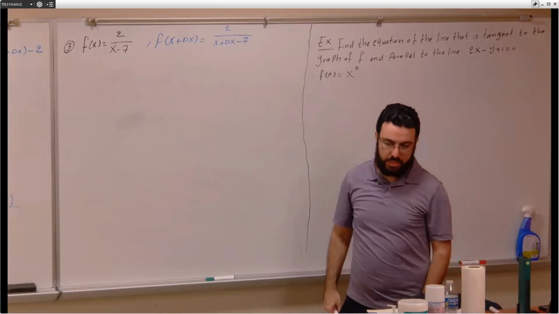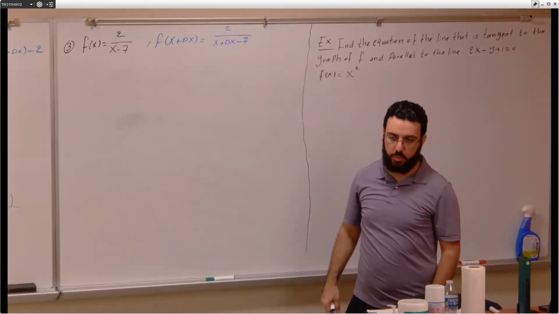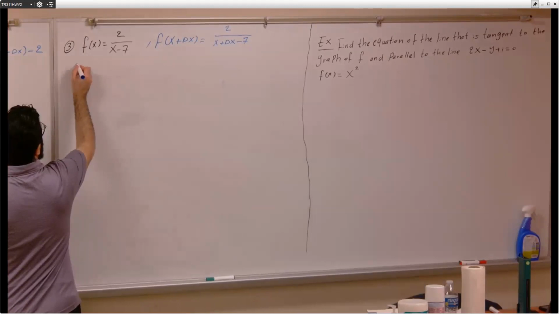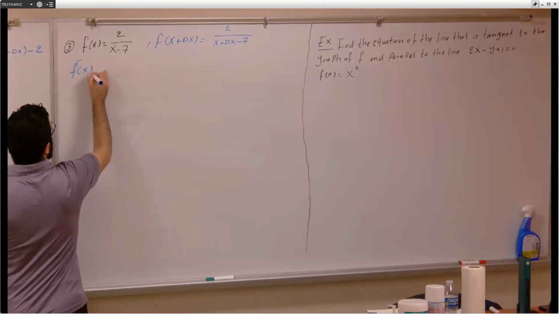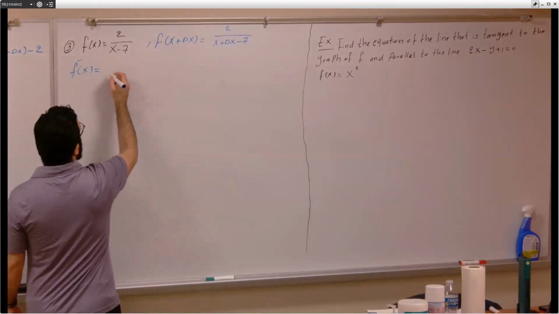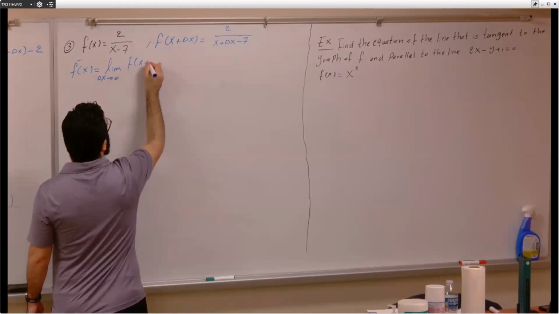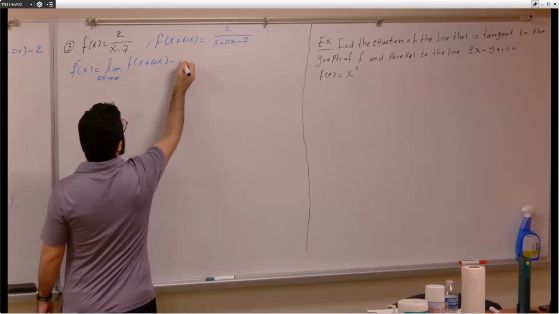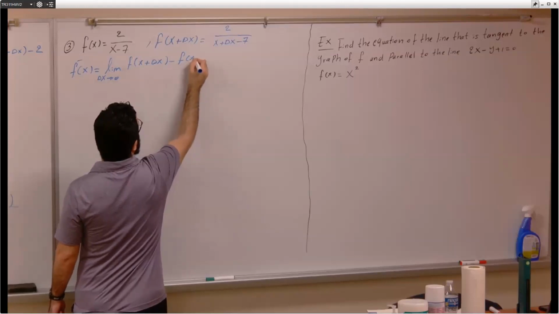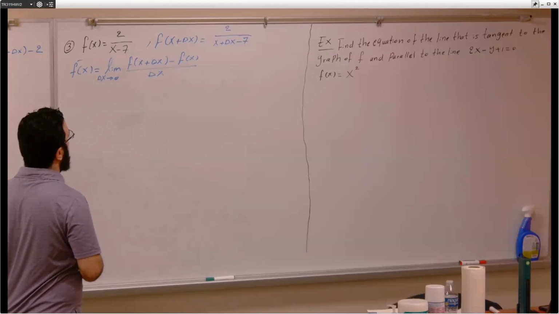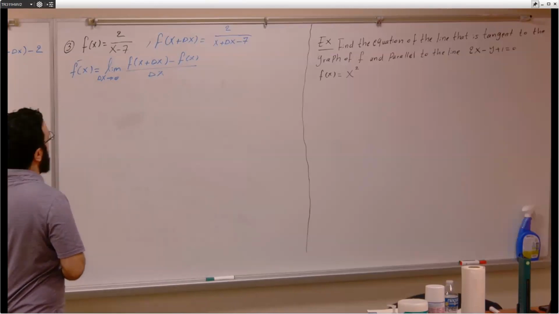The next step, we're just going to take the limit. The derivative, which is f prime of x, is going to be the limit when delta x approaches 0 of f of x plus delta x minus f of x, and everything divided by delta x. This is just the next step we need to plug in.